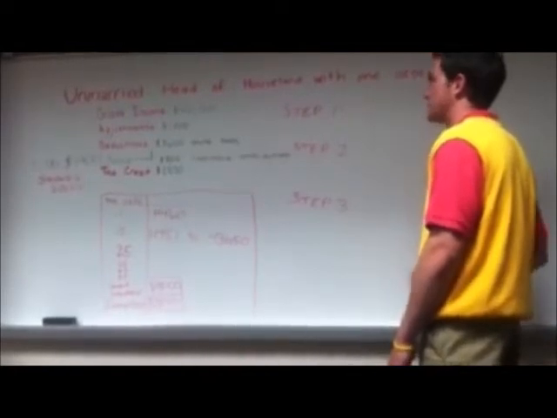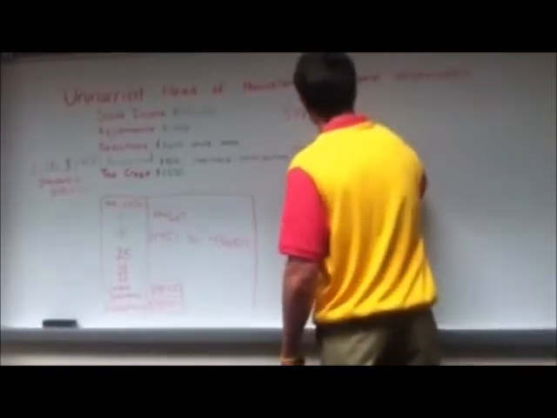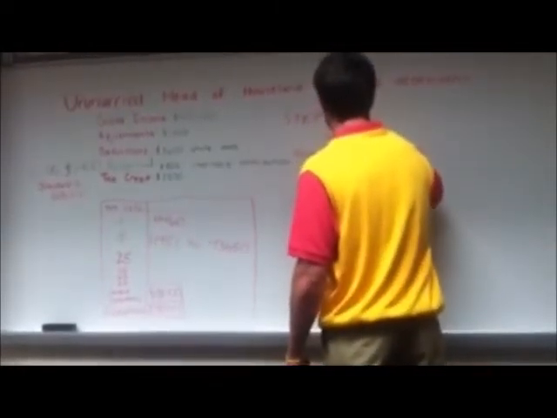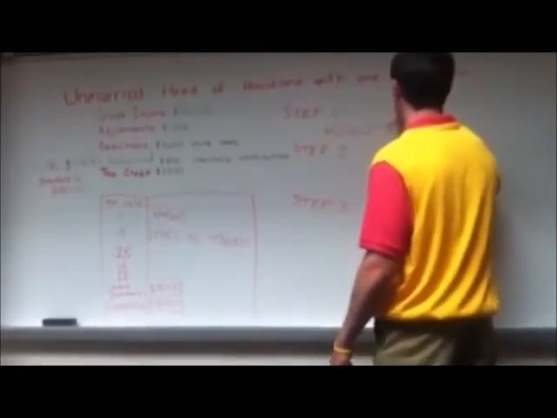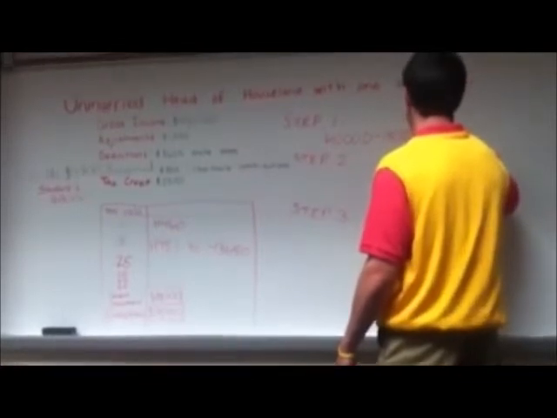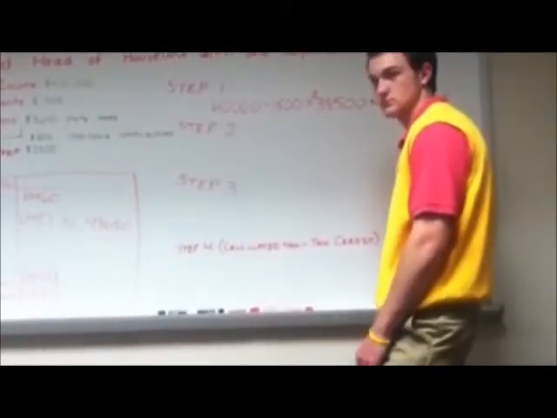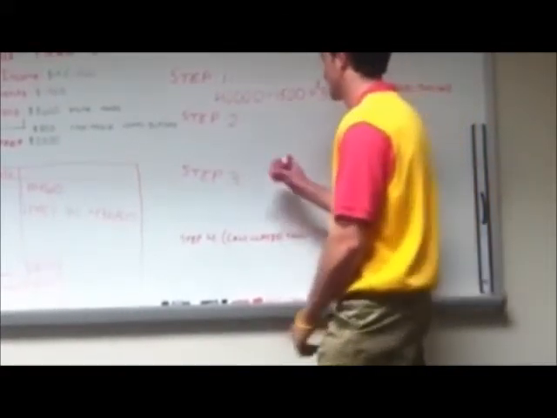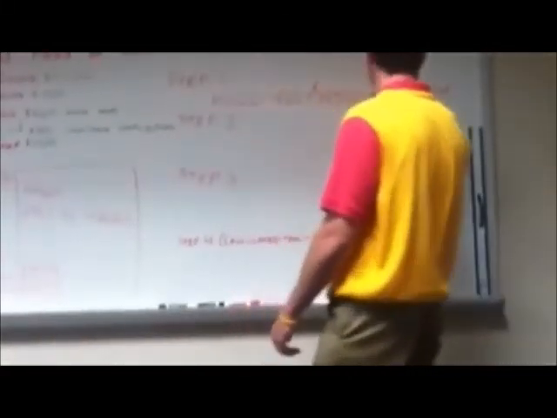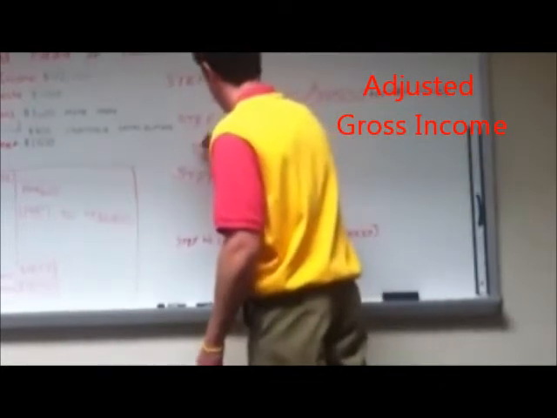You start with gross income minus the adjustments, and it equals the adjusted gross income. You're going to start with $40,000 minus $1,500, and then that comes to a total of $38,500. On to step 2, Mr. Kumors. You're going to start with the adjusted gross income minus the number of people, which is including yourself, times the $3,500 plus the deductions.